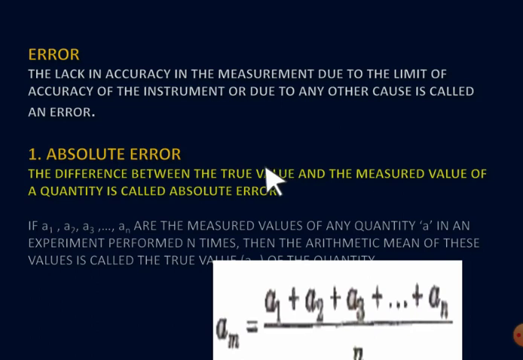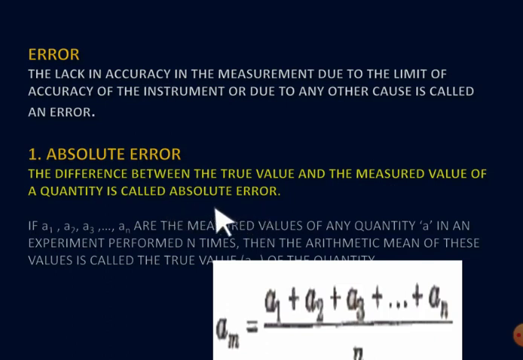If you ask some students or some of your friends to measure the mass of that body, and if one measures, suppose, 980 gram, then 20 gram is the error. So we need to find out what the error is. The first one is absolute error. The difference between the true value and the measured value of a quantity is called absolute error.